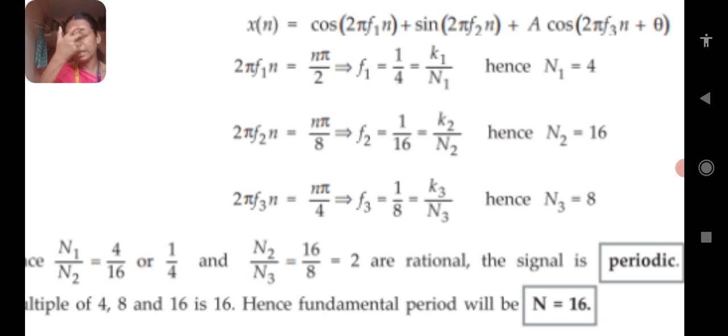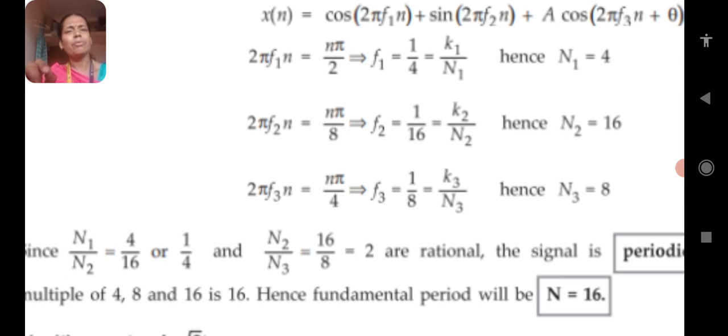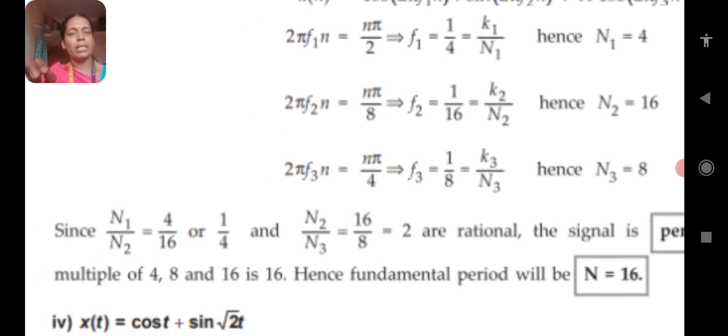We can't write the 3 values as the answer. We have to conclude with a single fundamental time period. But we have observed n1, n2 and n3 here. Therefore, we have to find the ratio n1 by n2, which is equal to 4 by 16, or on simplification 1 by 4, and n2 by n3, which is 16 by 8, equal to 2.